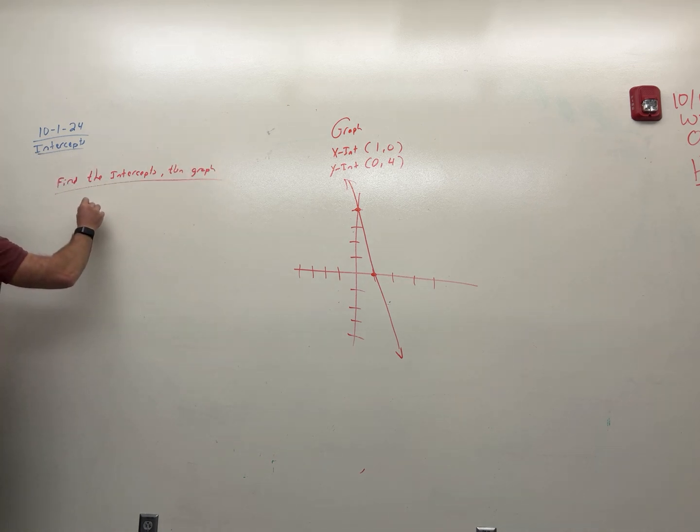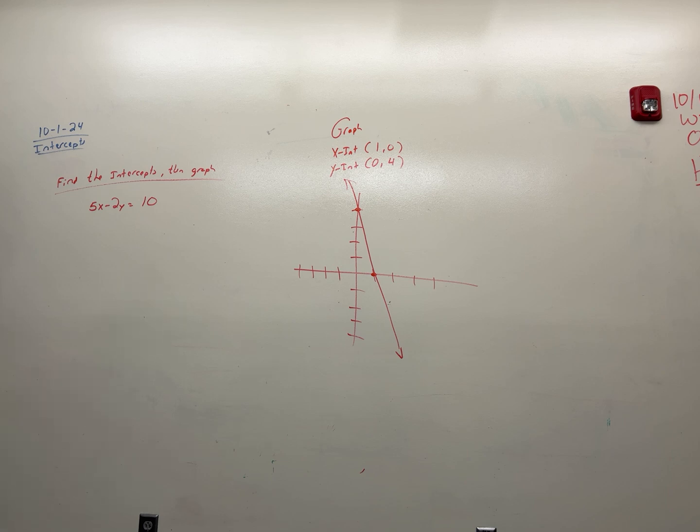And it's going to say something like 5x minus 2y equals 10. That is a linear equation. You have a y, you have an x. Linear means that it's going to form a straight line.